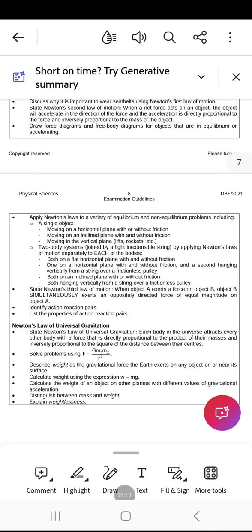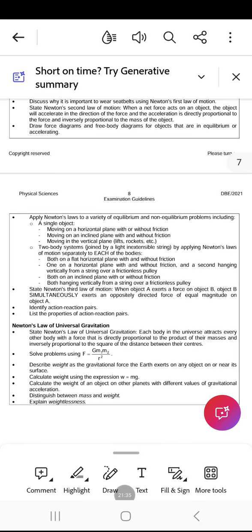When I do the calculations, we must make use of free body diagrams, because they help us calculate our F net.